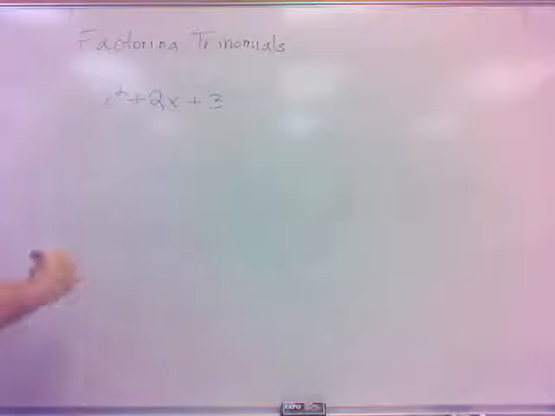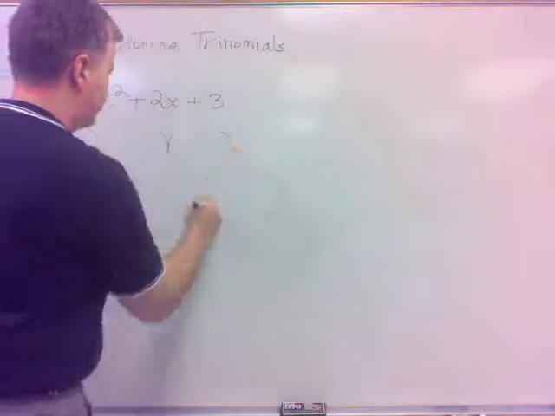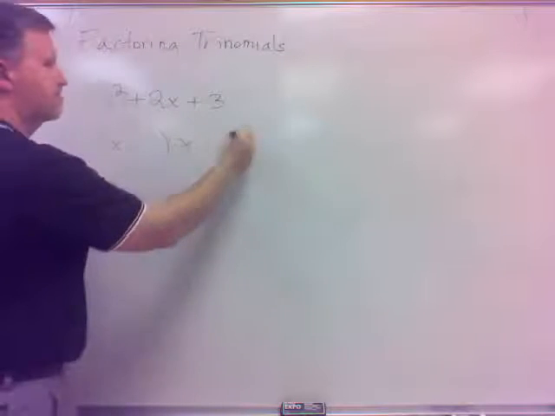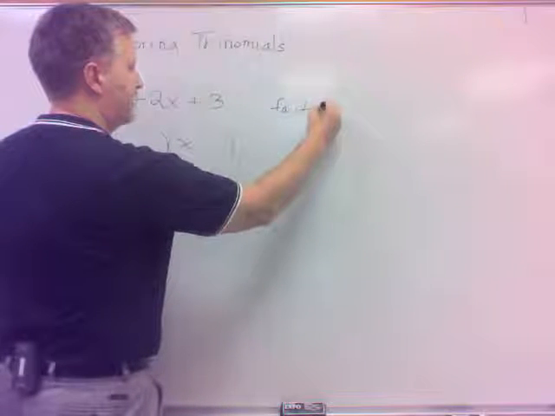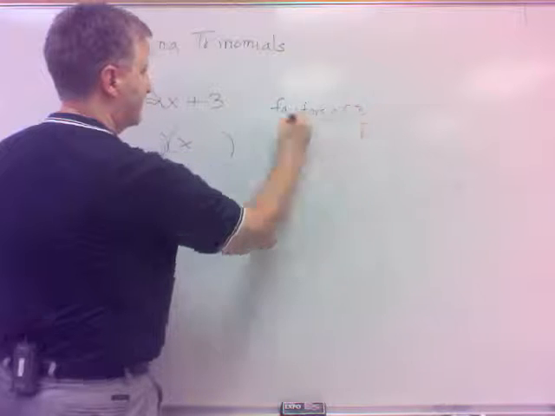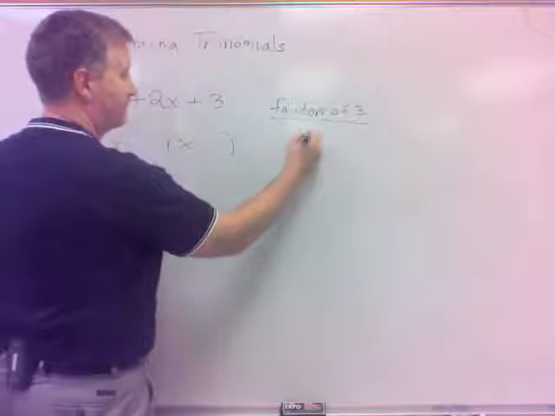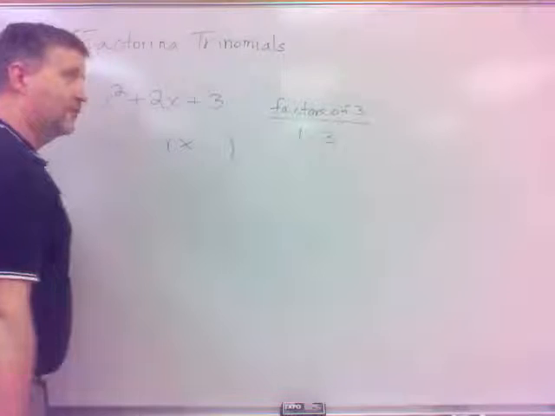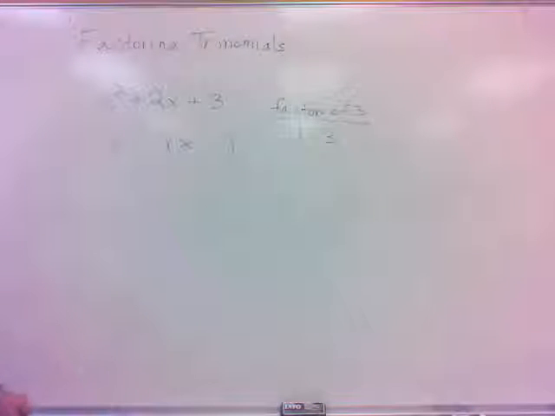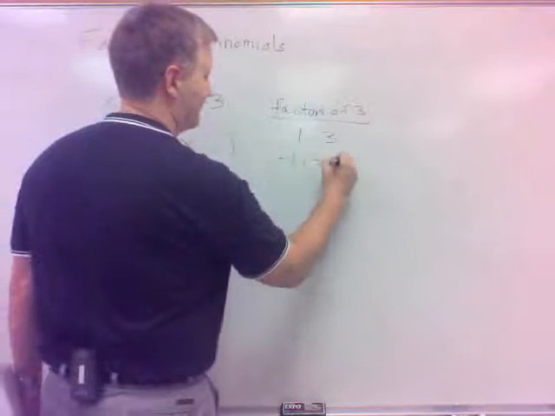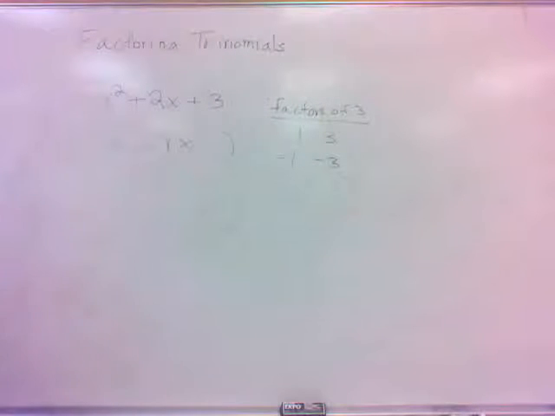Yeah, it's a trinomial, so we'll try our 2 binomial thing. x squared, so it's x and x. We're looking at factors of the 3, which is pretty limited. It's 1 and 3, or possibly negative 1 and negative 3. Right? That's it for 3.